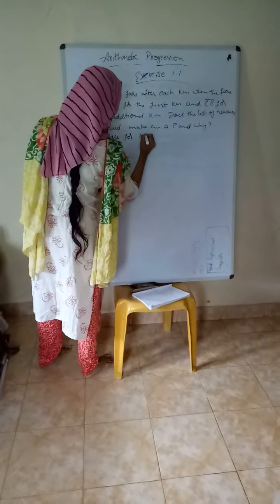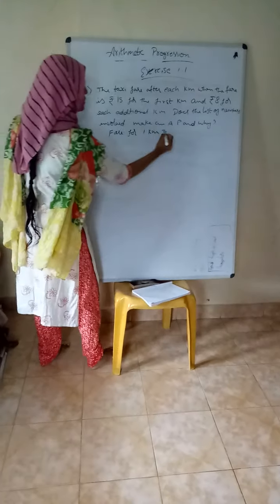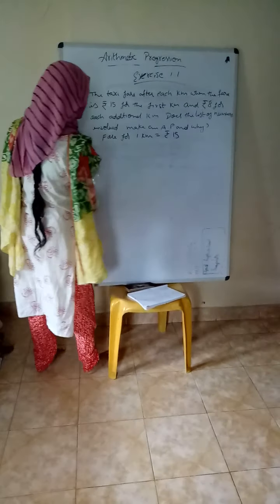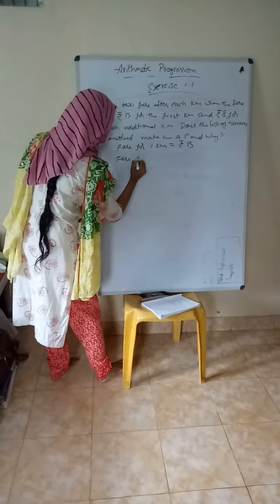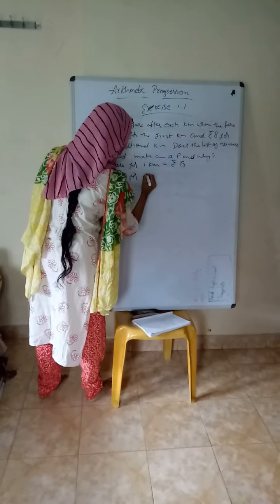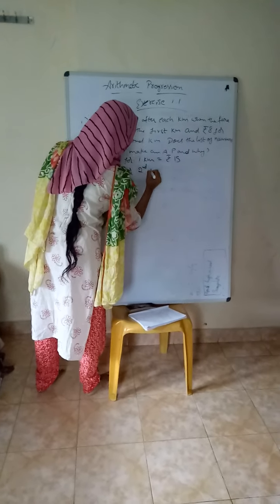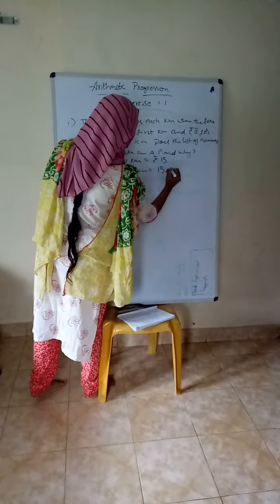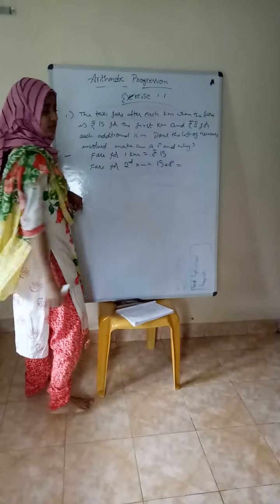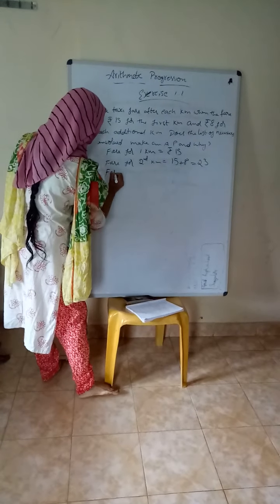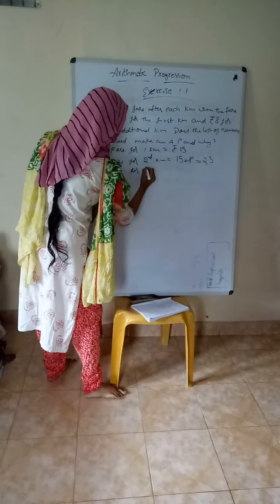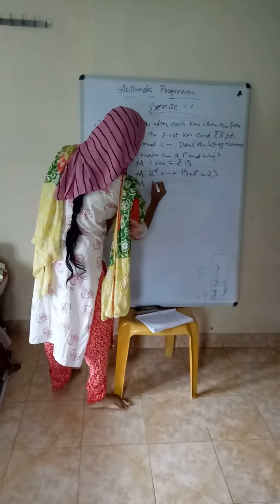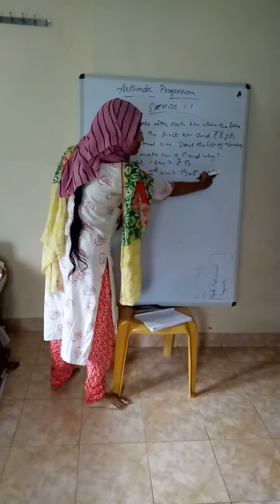Fare for 1 kilometer. What is the fare for 1 kilometer? It is given, rupees 15. Then fare for the next kilometer will be 15 plus 8, that is 23. Next, fare for the next kilometer, so that will be adding.